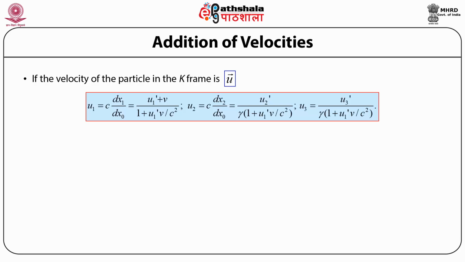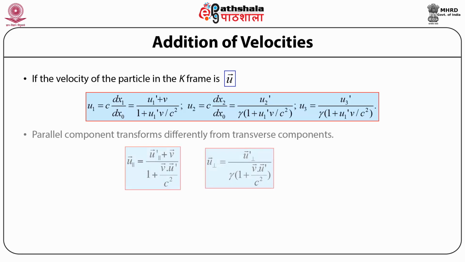And from the above equations, one can see that the parallel components transform differently from the transverse components. So in the above case, u1 is the parallel component, while u2 and u3 denote the transverse components.